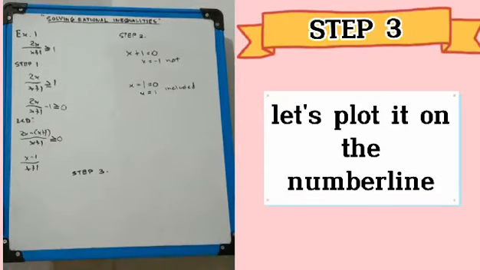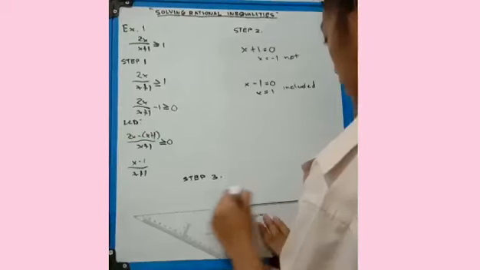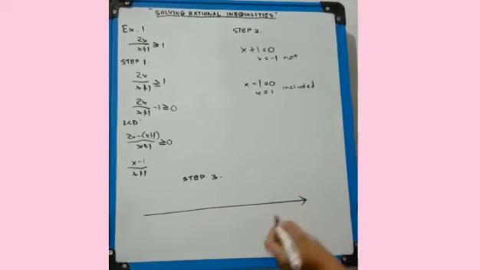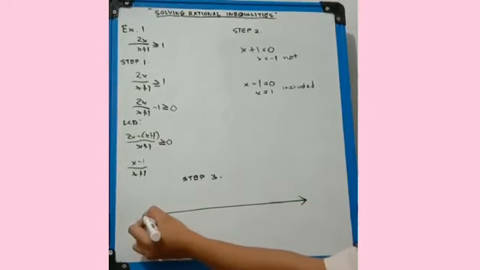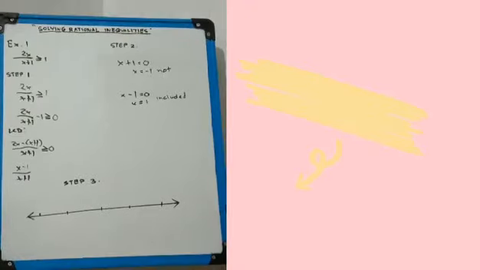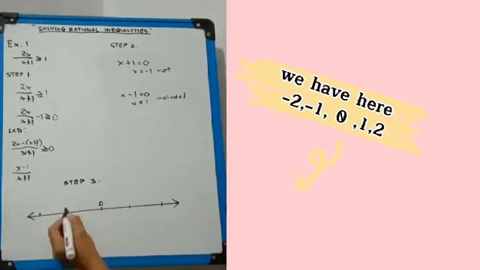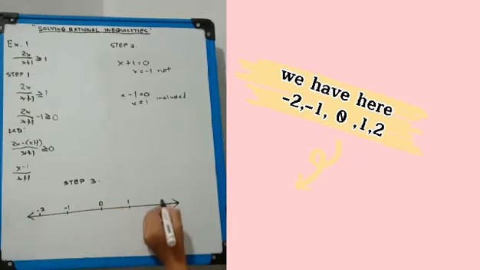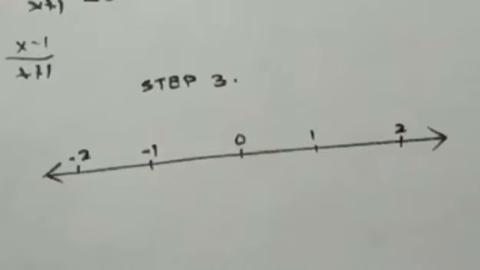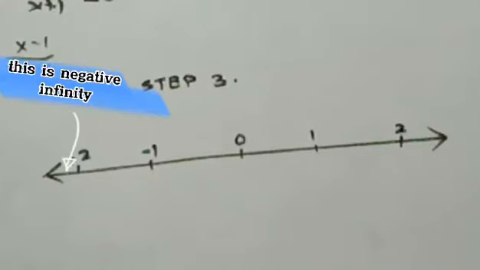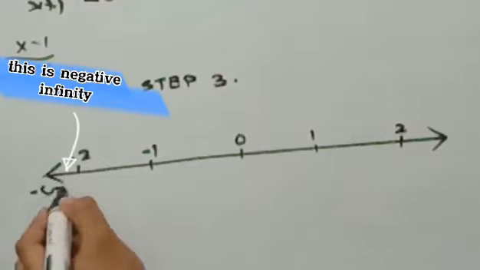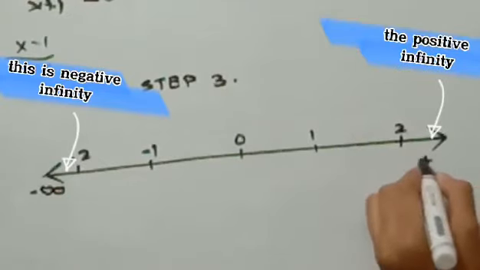Step 3. Let's plot it on the number line. We have here 0, negative 1, negative 2, positive 1, and positive 2. And by the way, this is negative infinity and this is positive infinity.